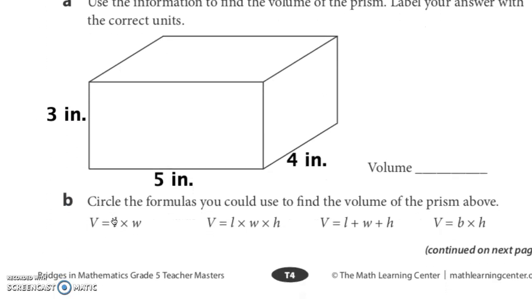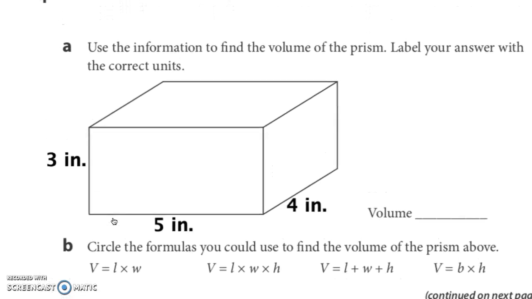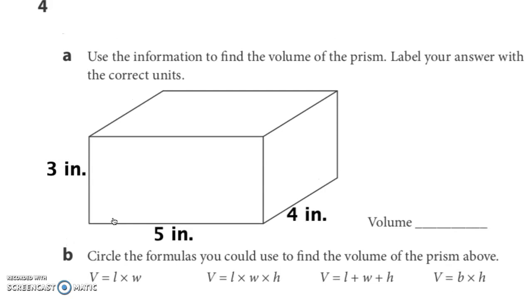Now when you click on this assessment, you're going to scroll down to problem number 4, and you're going to notice that you have yourself a 3-dimensional figure. Volume is the way that we measure a 3-dimensional figure. So you're going to look at this prism. It says use the information to find the volume of the prism. Label your answer with the correct units.